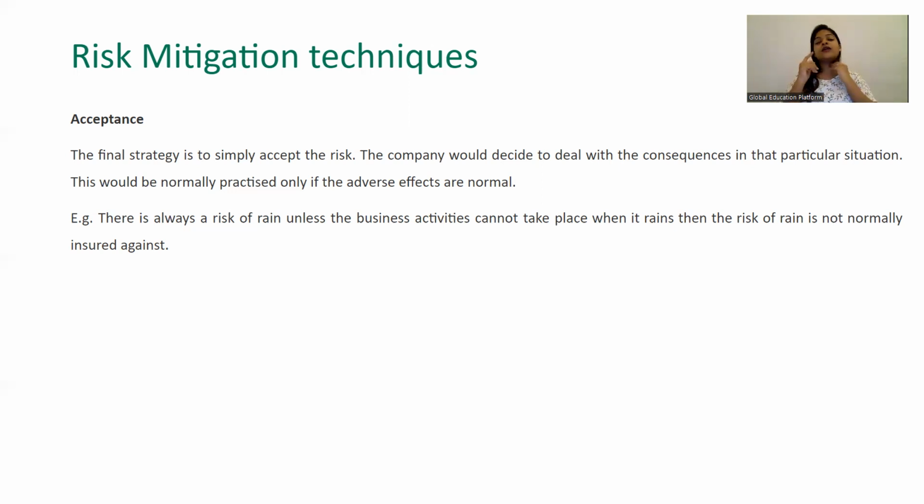Okay, whether it's going to be acceptance, or reduction, or avoidance, or sharing or transferring. So that is how you build your assessment. That's the main reason why you address all these theories, because if not, you could just write it without a theory. But it's important that you show theoretical knowledge, provide the relevant citations, and then move on to applications. Okay, so that is about the risk mitigation techniques.